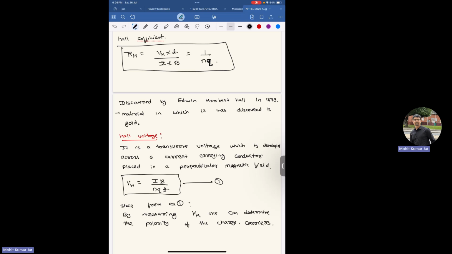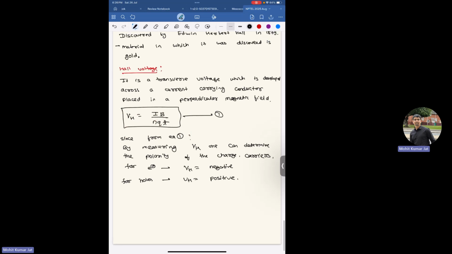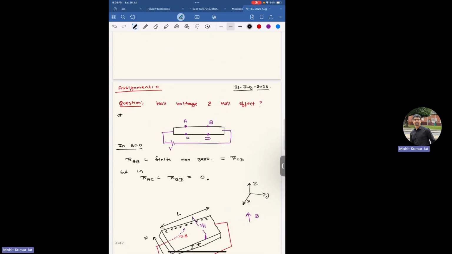That can be determined from the measurement of VH. For electrons, VH will be negative. For holes, VH will be positive. This is very important and useful in the case of graphene, where you have electrons in the conduction band and holes in the valence band, and that helps you calibrate the capacitance of the devices also. So this is about the classical Hall effect.